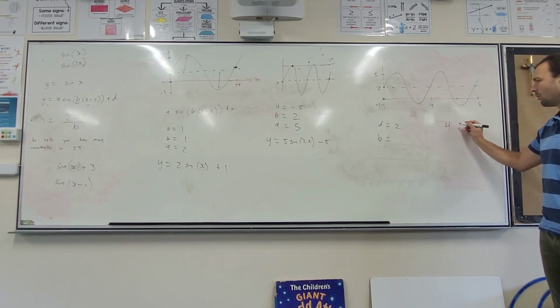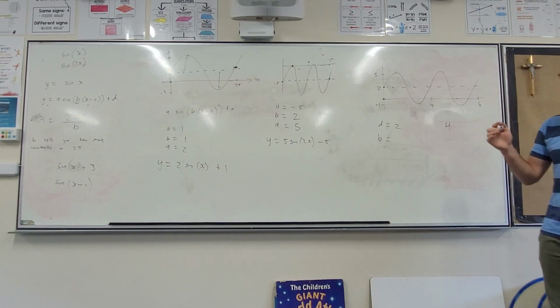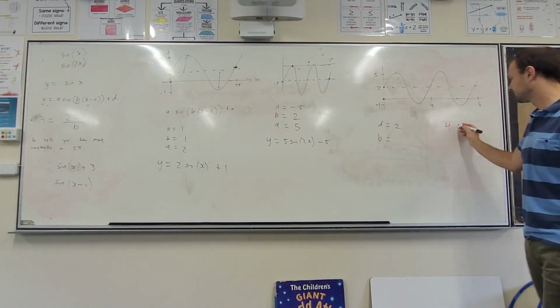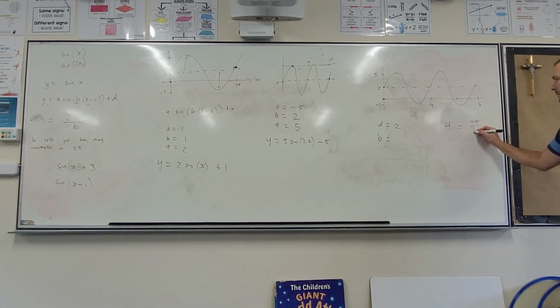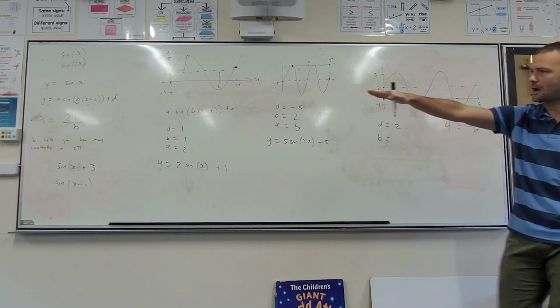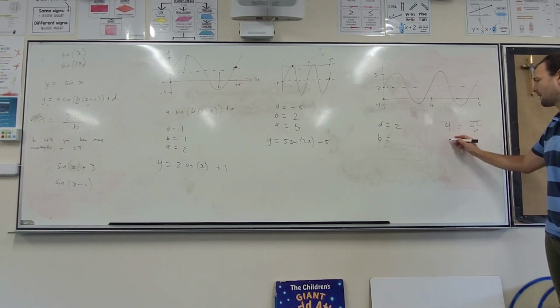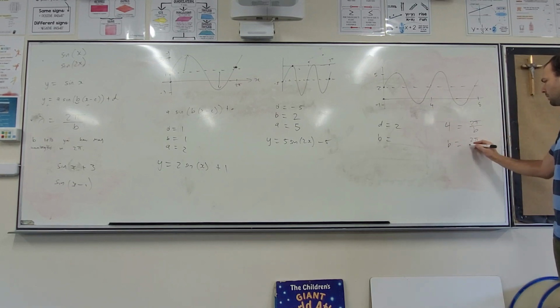So we have 4 is lambda, and lambda is equal to 2 pi divided by B. Okay, and now we just solve that for B. Multiply both sides by B, divide both sides by 4. We're just swapping that, right? B is 2 pi on 4, which simplifies to pi on 2.